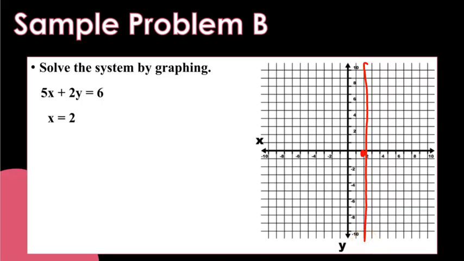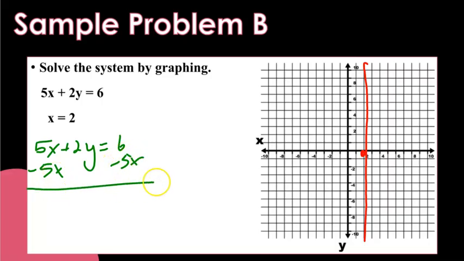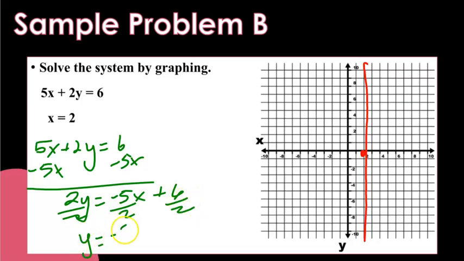The other one, I have 5x plus 2y equals 6. I'm going to subtract 5x on both sides. And then I have 2y is equal to negative 5x plus 6, divided by 2. This equation is going to be y equals negative 5 halves x plus 3. So I have a point at 3 on the y-axis.